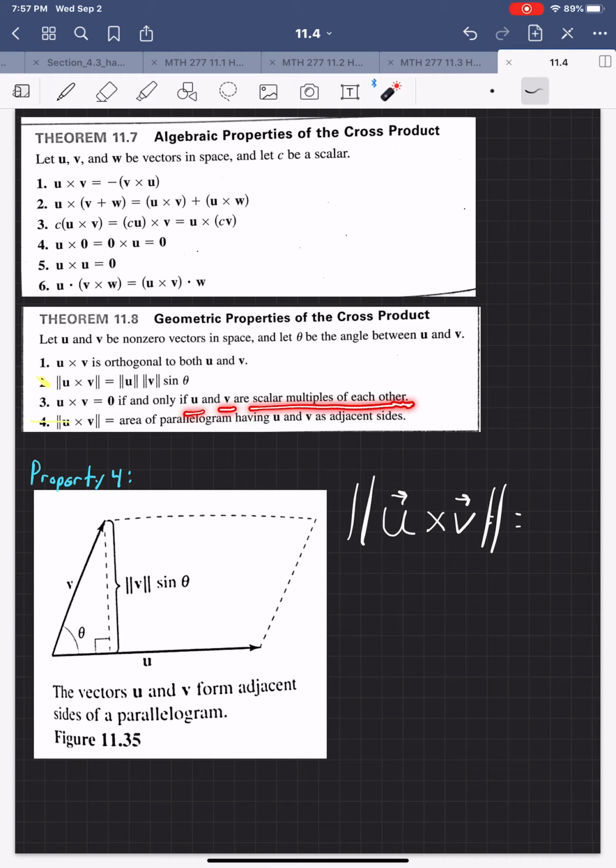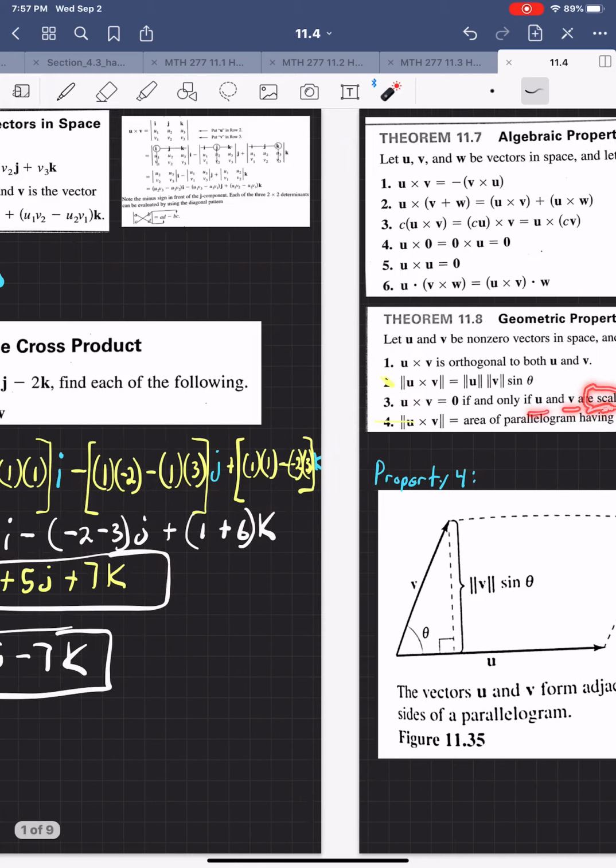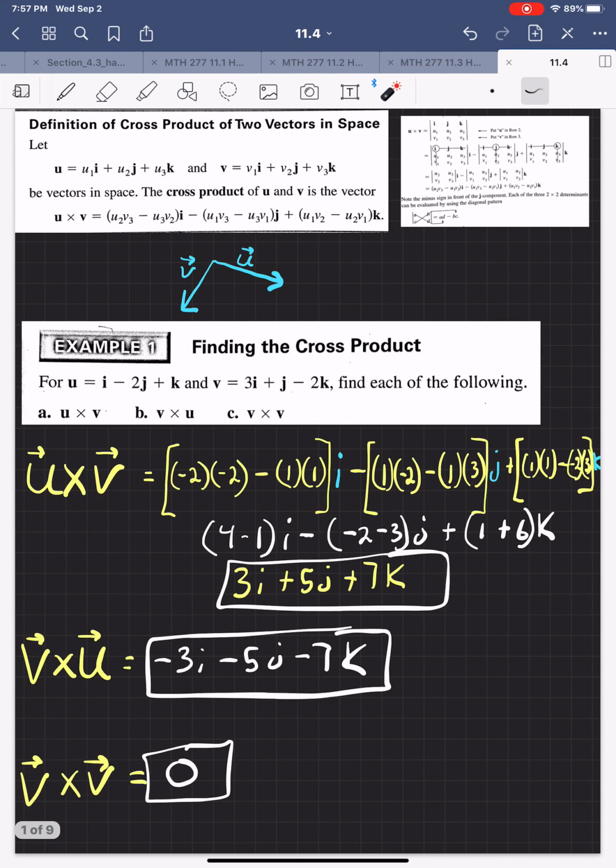Do you know what I mean when I say scalar multiples of each other? Are you at the stage where you translate that to mean they're parallel vectors? Wouldn't you agree that vector v is parallel to itself?